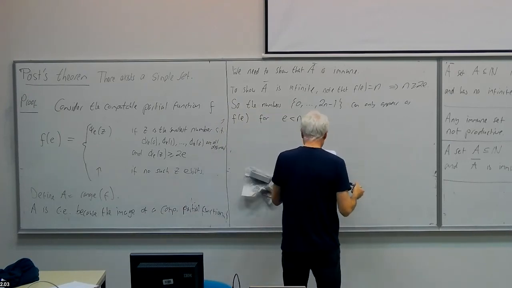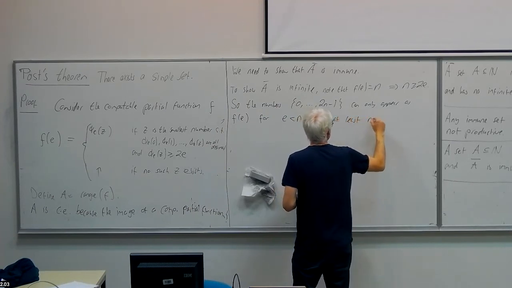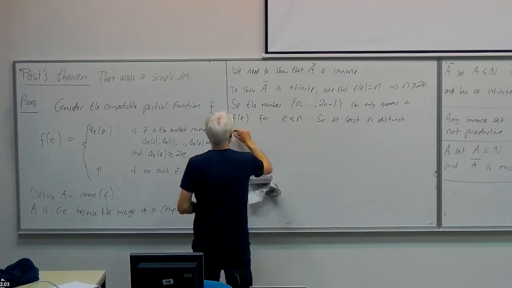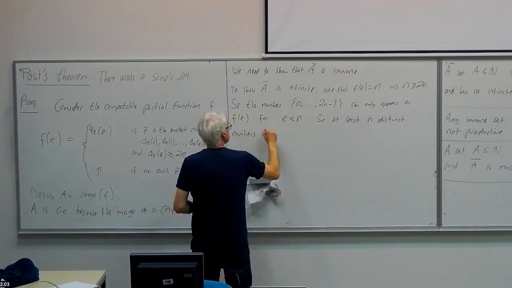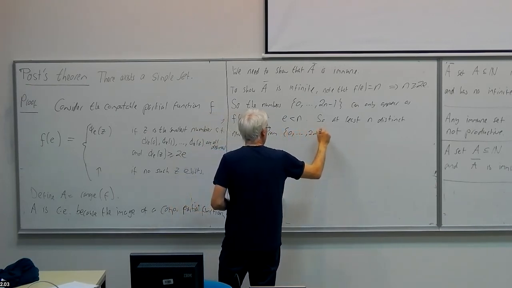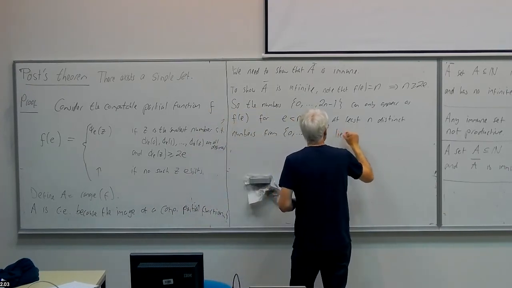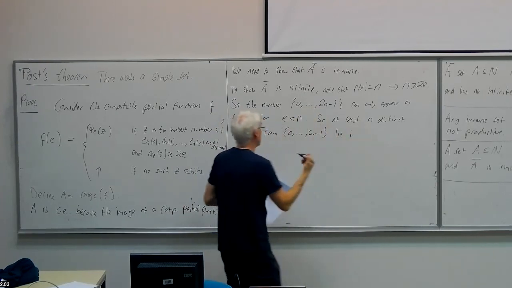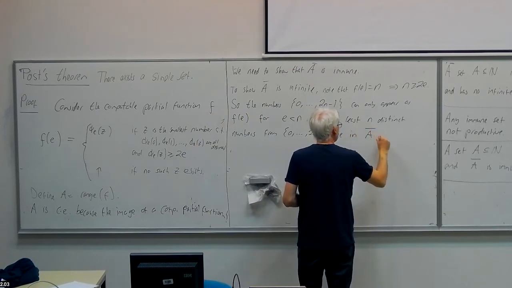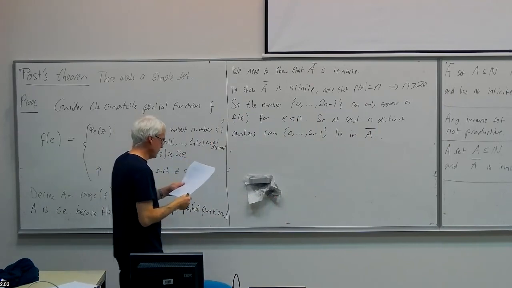So at least n distinct numbers from 0 up to 2n minus 1, so there are 2n numbers there, at least n of them lie outside the range of f, so lie in the complement of A. Okay?